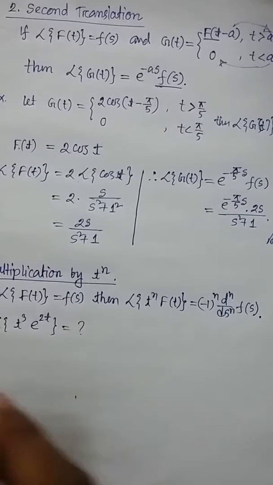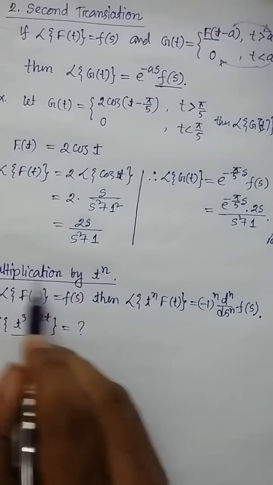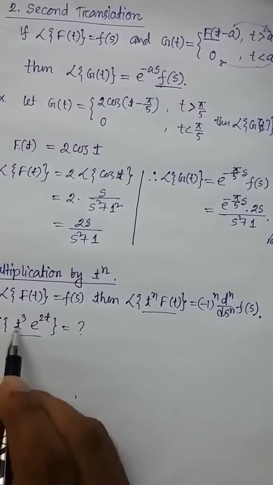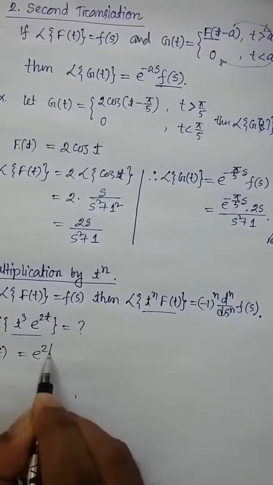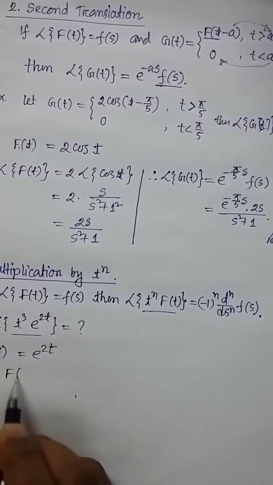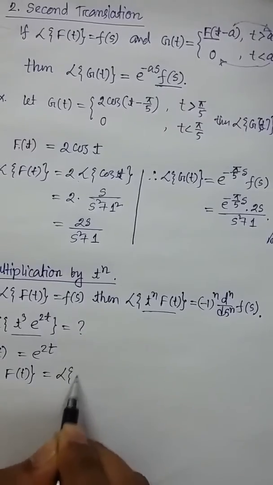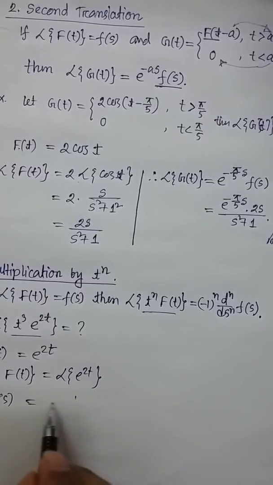What does this equal? Comparing this problem with our multiplication by t to the power n formula, here t cube is given, and f of t is e to the power twice t. If we apply the Laplace transformation to e to the power twice t, it will be f of s, and from the basic formula it will be 1 by s minus 2.